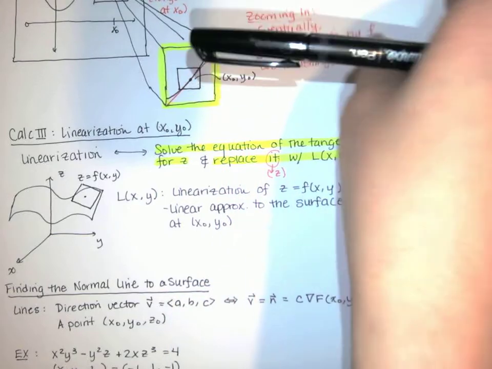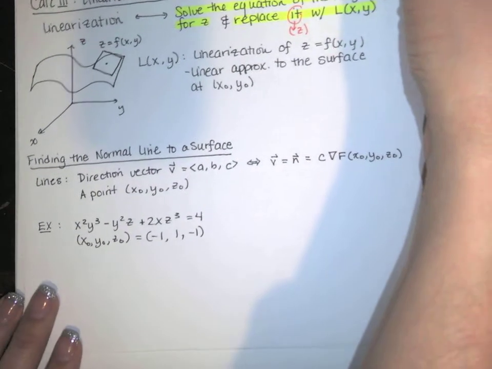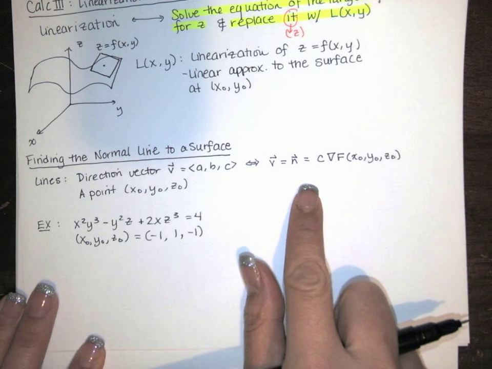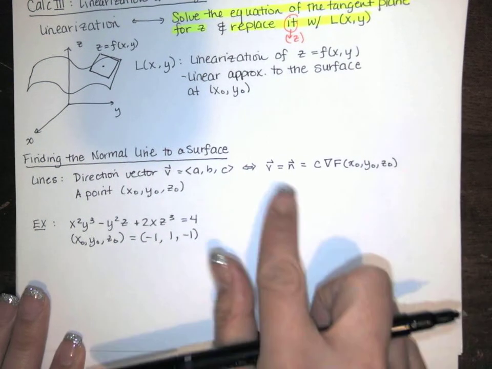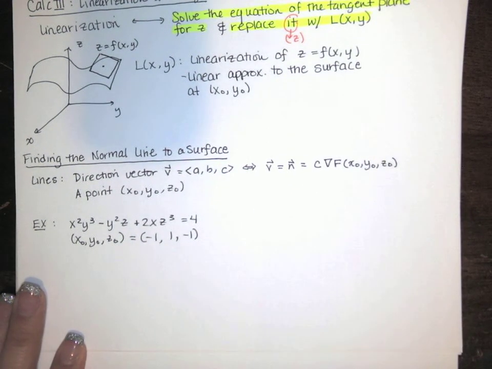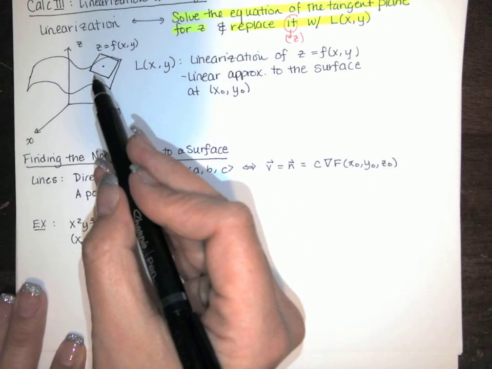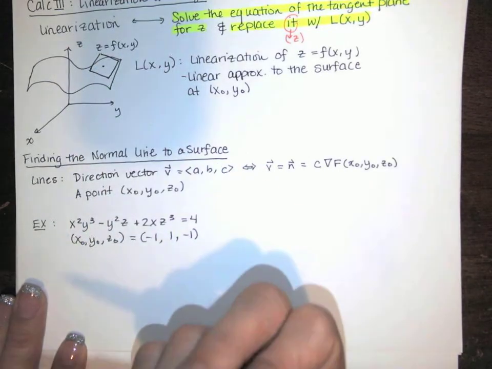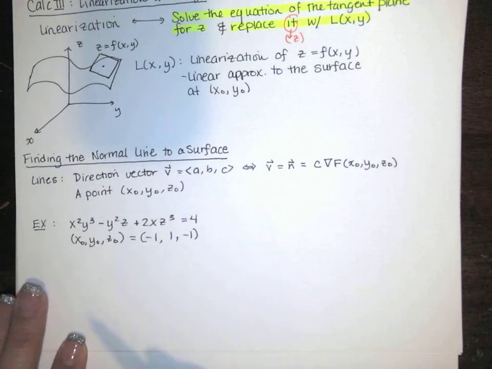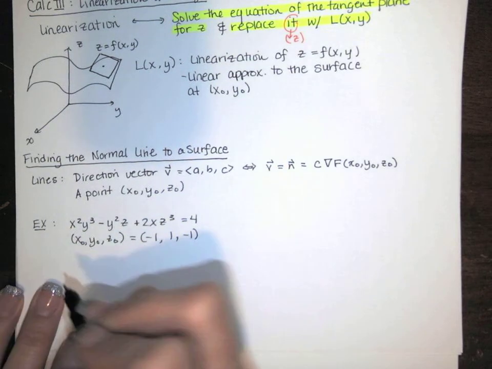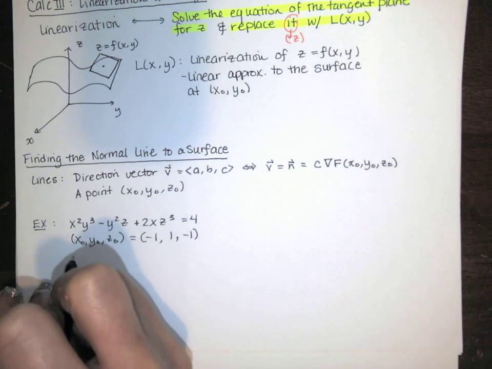We also need the direction vector of the line, but the direction vector and the normal vector of the tangent plane are the same when you're talking about the normal line to a surface. It's a line that passes through this point that is running parallel to the normal vector of the plane.